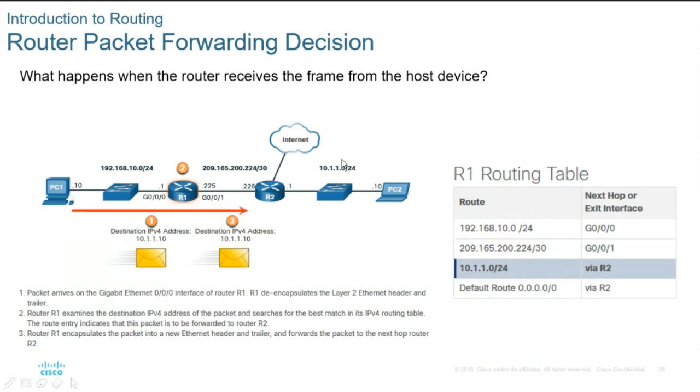And then we have 10.1.1.0/24, via router 2. And we have the default route, 0.0.0.0/0, via R1. So, this is the forwarding decision of the router.